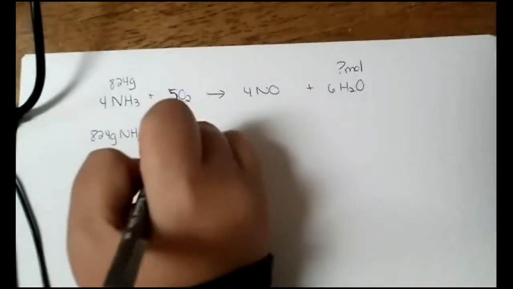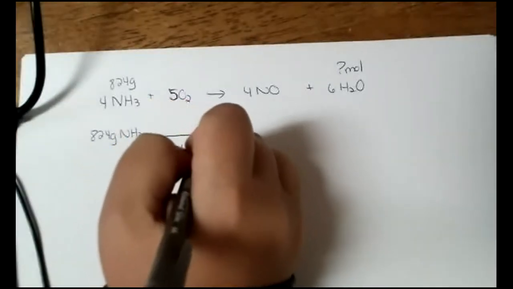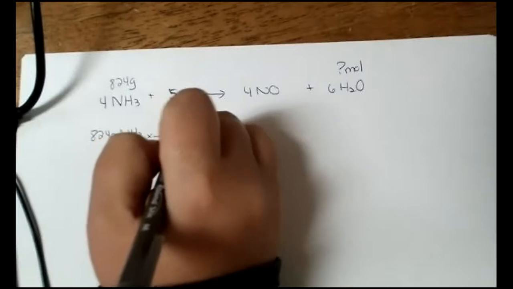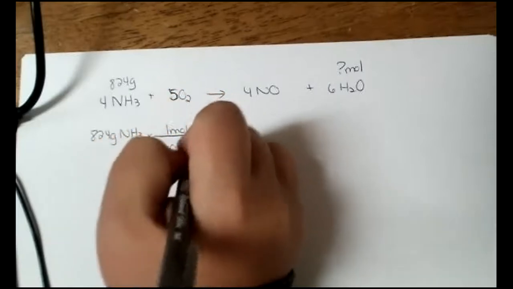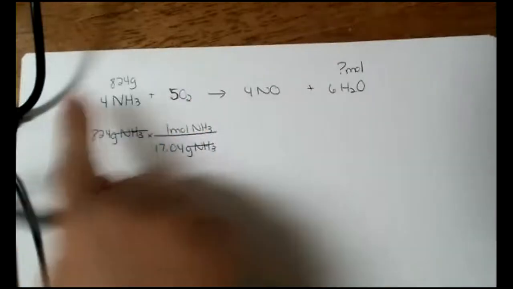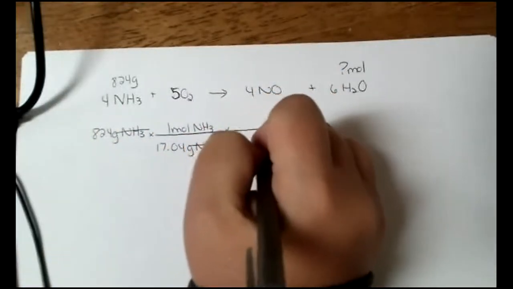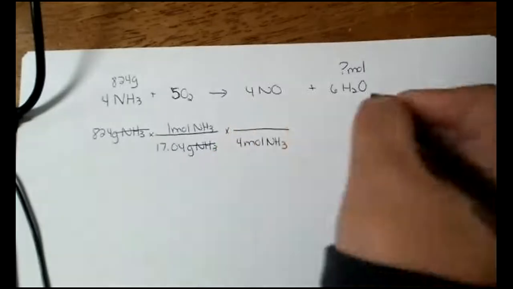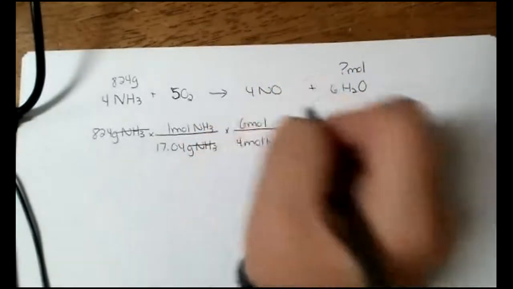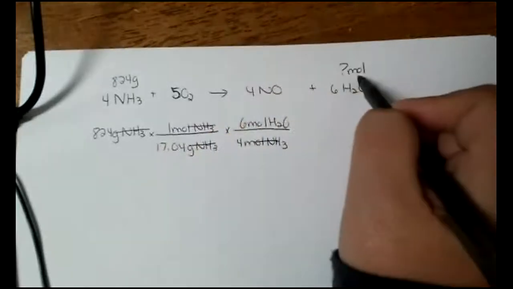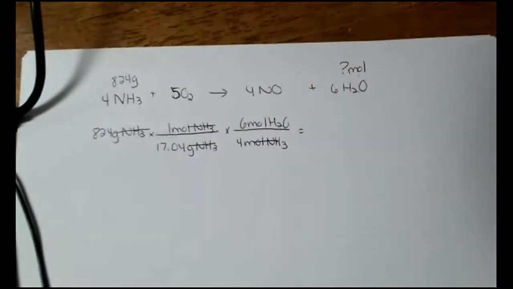So I know that it's 17.04 grams of ammonia and 1 mole of ammonia. So now I have moles of ammonia, so now I can bridge the gap with that mole ratio, 4 moles of ammonia to 6 moles of water. So those cancel out, and I'm left with 6 moles, and I was looking for moles, so that's where I know to stop.